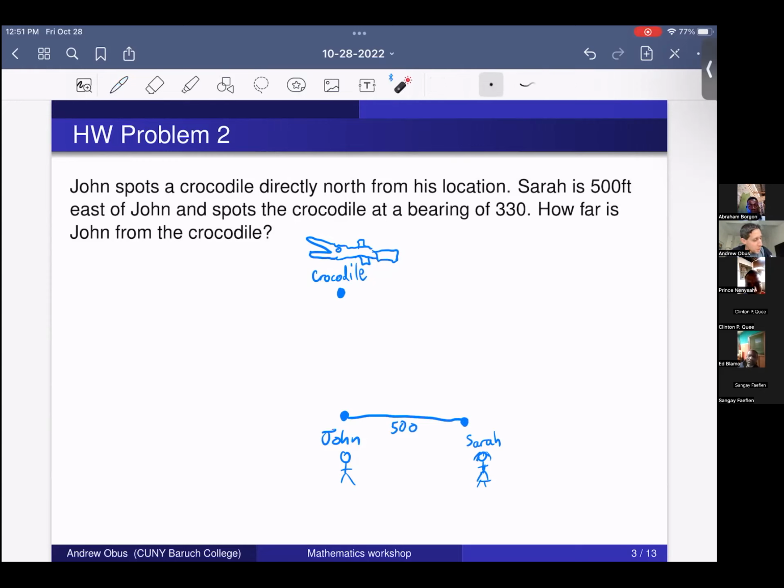We have one other piece of information, right? The other piece of information is that the bearing that Sarah sees the crocodile at is 330 degrees. So if we draw a line going directly north from Sarah, and then I draw the line from Sarah to the crocodile, then this entire bearing, all the way around, is 330 degrees.